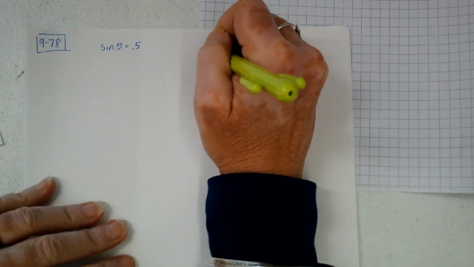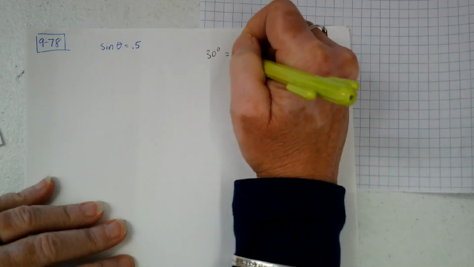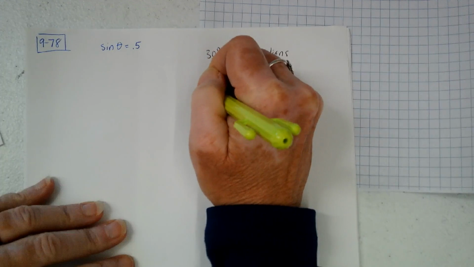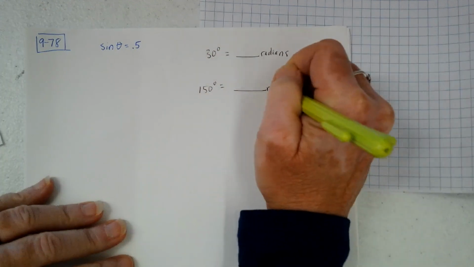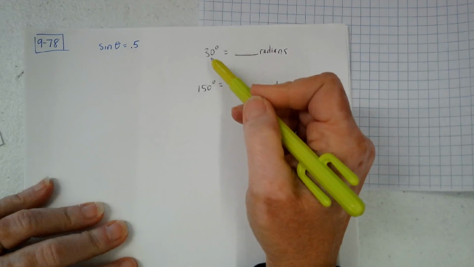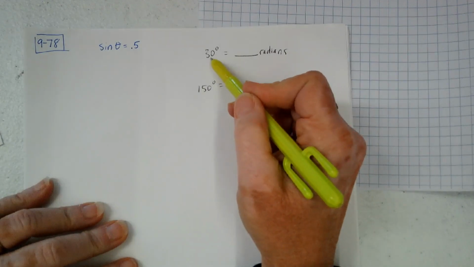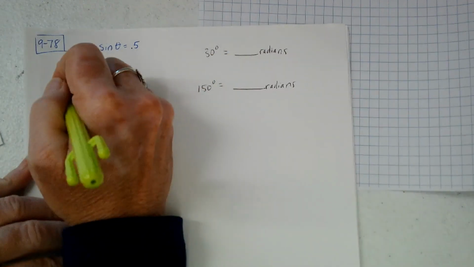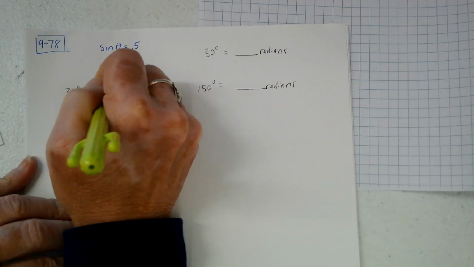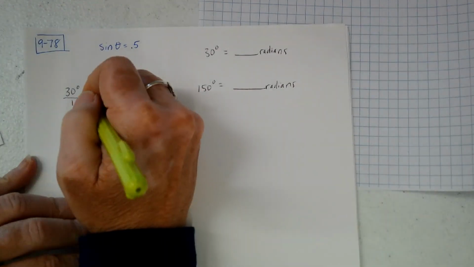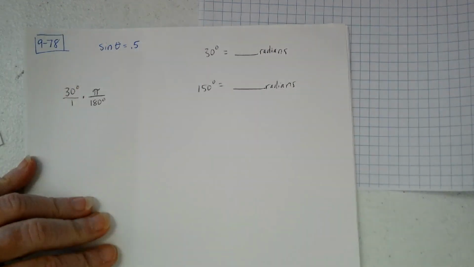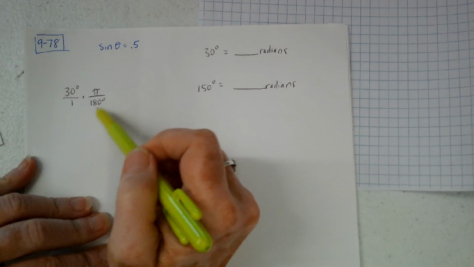So I could say 30 degrees equals how many radians? And then the other one was 150 degrees equals how many radians? And we learned in class that you could just take a unit multiplier, so you can go 30, and then I don't know if you remember this, but 180 degrees is the same as pi radians, so that's a giant 1.